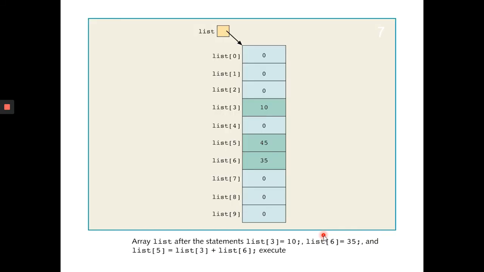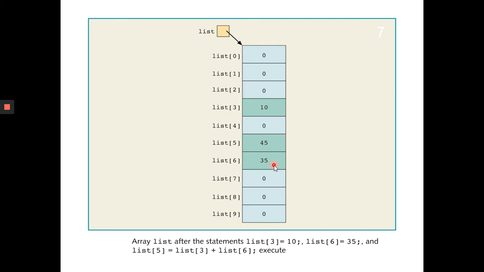Okay, if you see the next slide, this is the memory location. List at index 3 is assigned with value 10. List index 6 is assigned 35. And list at index 5 is assigned list 3 plus list 6. So list 3 is 10, list 6 is 35.